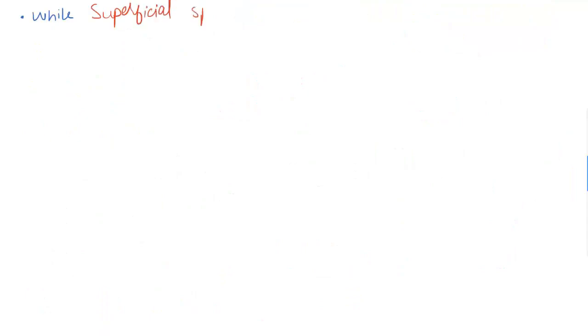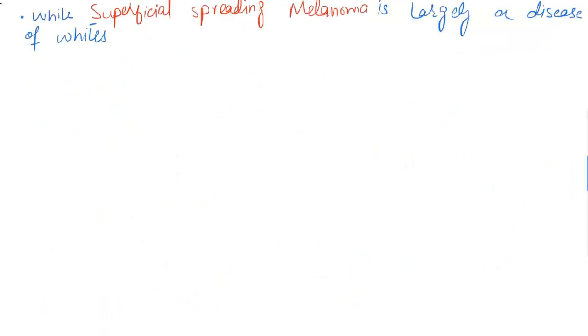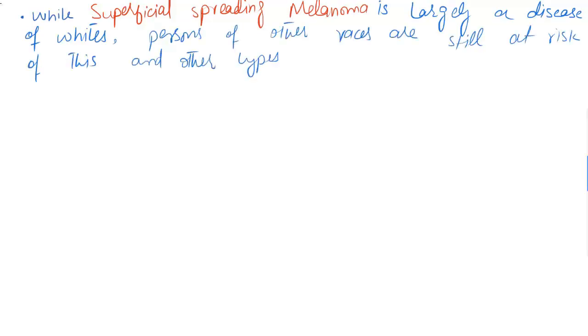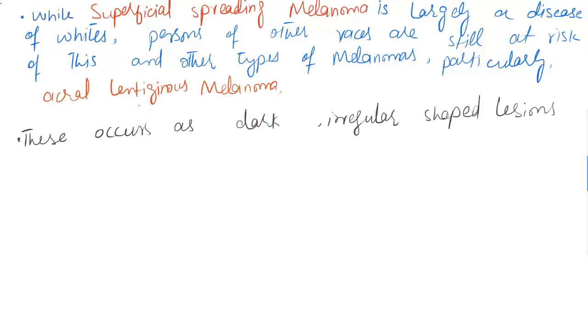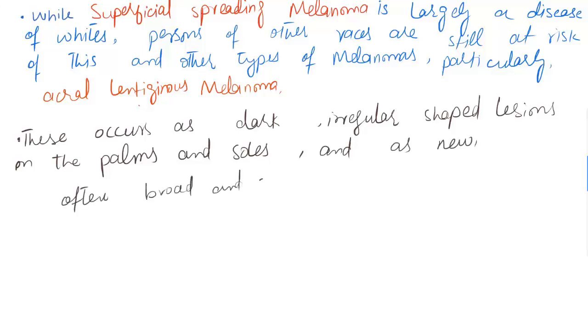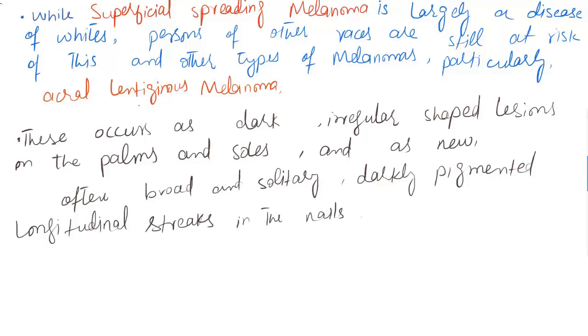While superficial spreading melanoma is largely a disease of whites, persons of other races are still at risk for this and other types of melanomas, particularly acral lentiginous melanomas. These occur as dark, irregularly shaped lesions on palms and soles, and as new, often broad and solitary, darkly pigmented longitudinal streaks in the nails, typically with involvement of the proximal nail fold.